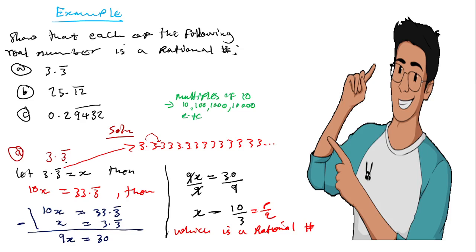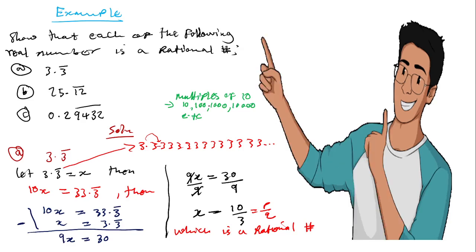Then after that, you're going to get this first expression and the second expression. You subtract them. So when you say 10x minus x, it is 9x. Then the 3.3 bar minus 3.3 bar is equal to 30. That's where this one and that one, they have been subtracted. Is that okay, Florence?